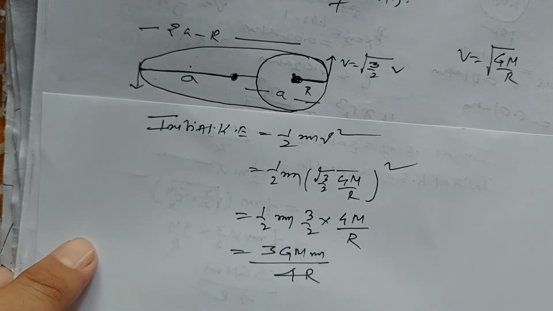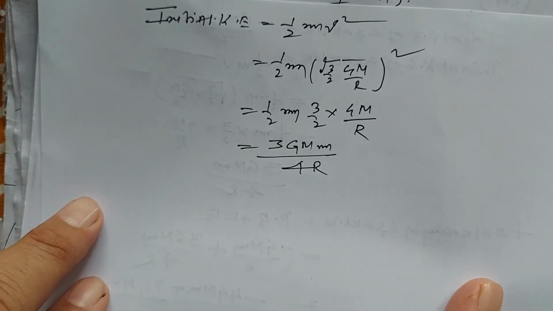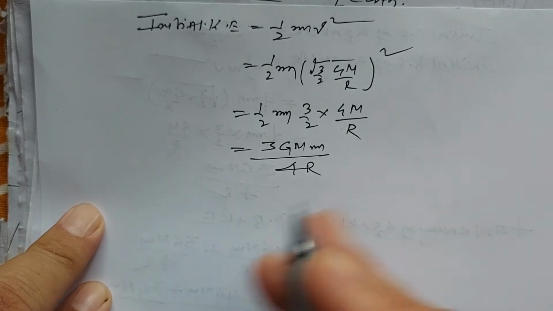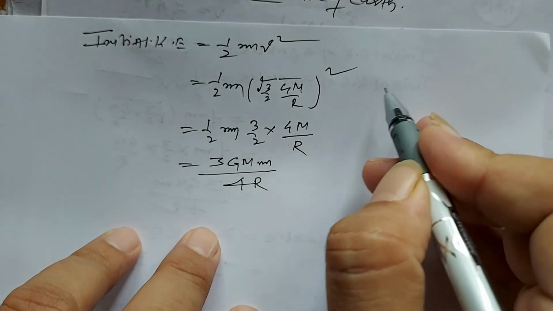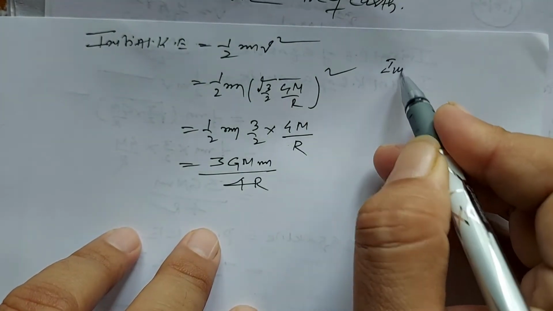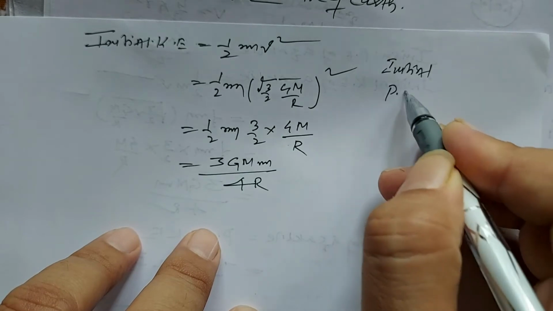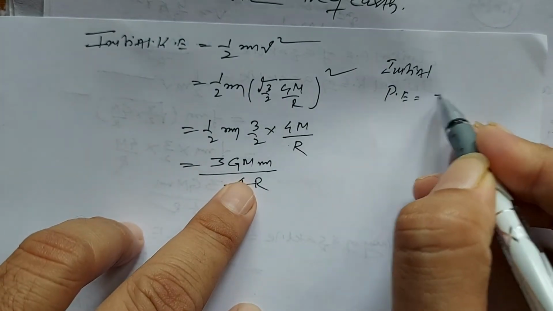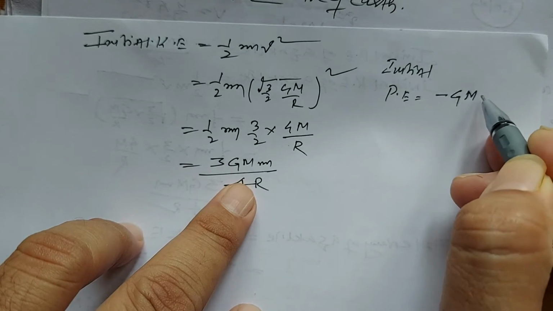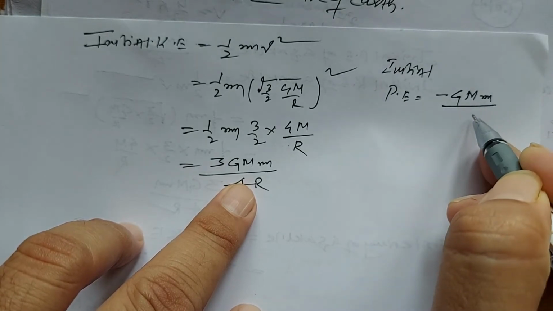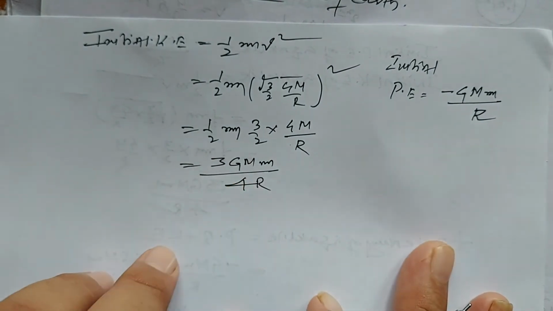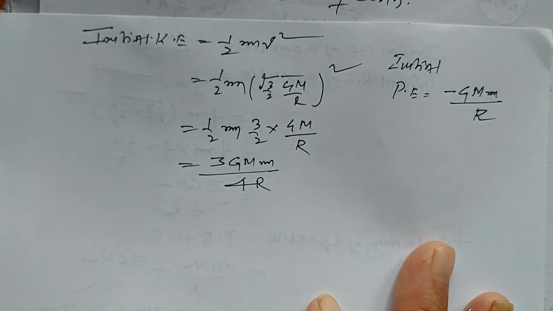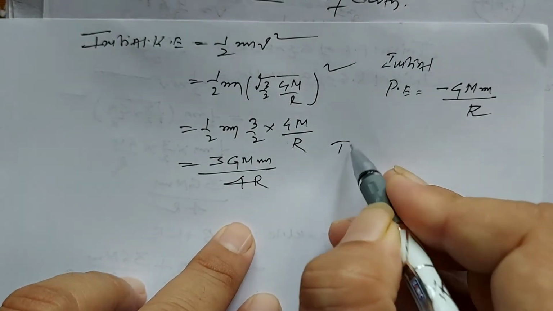So the initial potential energy of the satellite is equal to minus GMm divided by r. We know that the total energy of a satellite in an elliptical orbit is always constant.